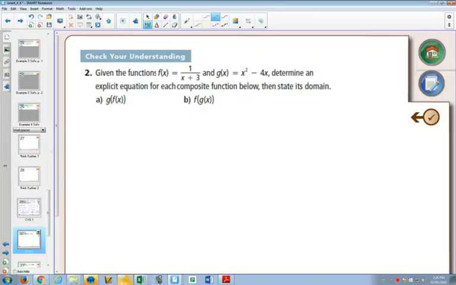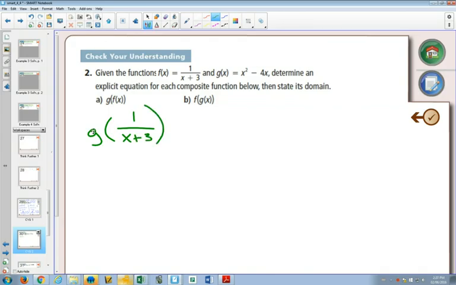All right. So for example 2, we are getting started and we want to find an explicit equation for each of these. This is on page 311. So f of x is equal to 1 over x plus 3.